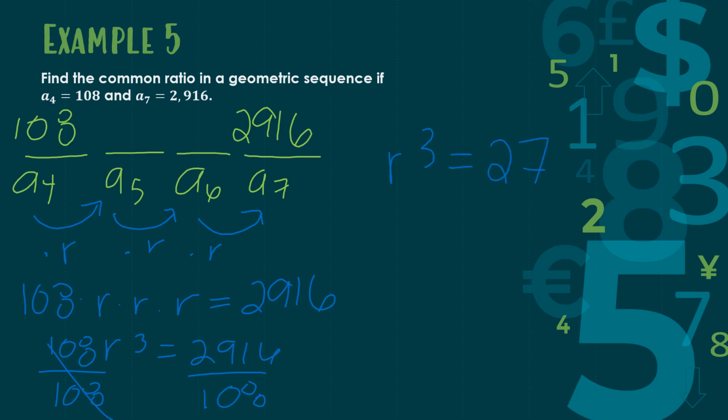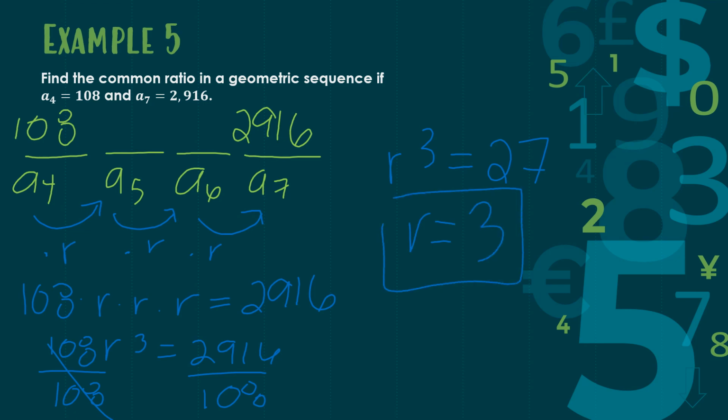And then if you think back to one of our previous units, we worked on making sure we knew our basic cubes. And so what number multiplied by itself 3 times is 27? And that would be 3. So the common ratio is 3.